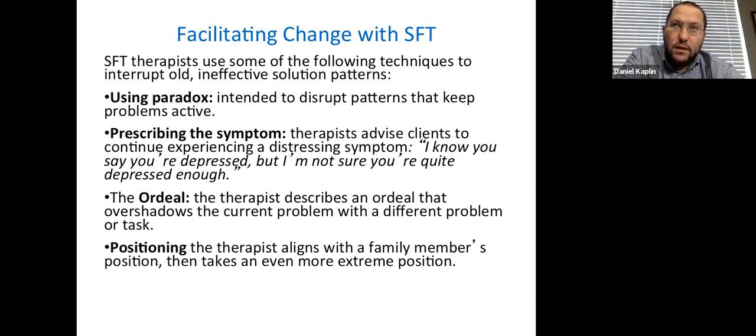So if you support one member of the family's position and then take a more extreme position than that member of the family, and there are other individuals in the family unit who are in opposition of that, and they are diagnosed with a personality disorder, you can become vilified. There's deification and vilification. You have to be very careful not to become vilified.